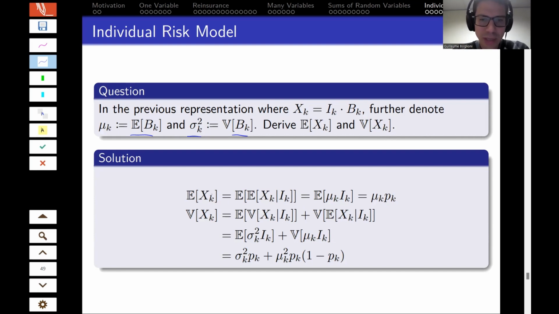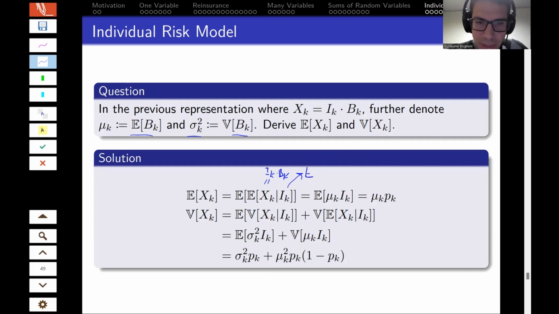So expectation of XK, you can condition on IK. Okay, again, IK is the occurrence of a claim, of a positive claim. So here, this is just by definition. But now what is happening here? This bit, okay, remember that XK is just IK times BK. So expectation of IK times BK, given IK, well, you know, if you know IK, maybe I can add the missing step here.